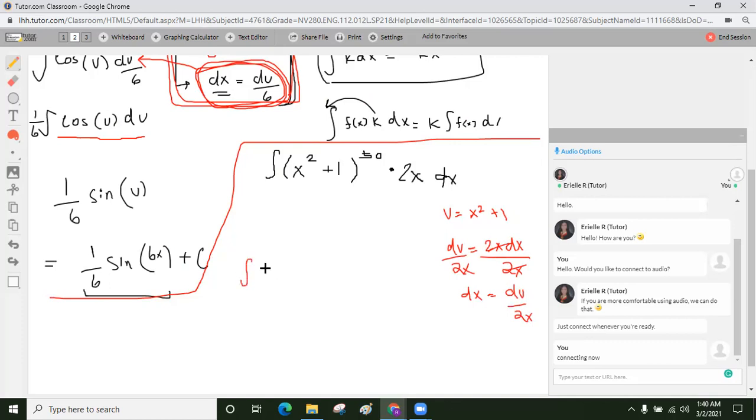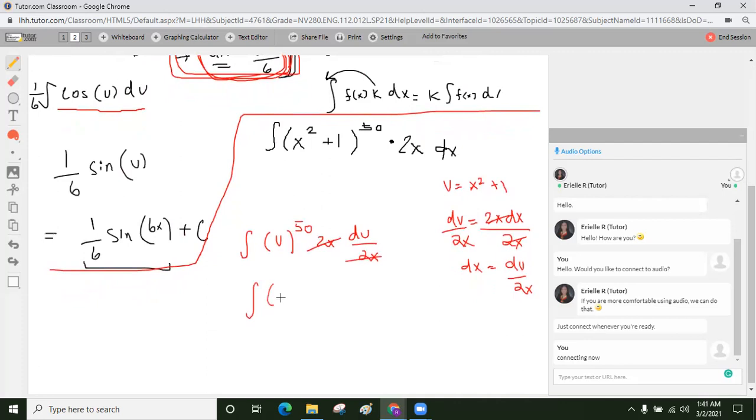So we can have this as being u to the 50, times 2x, du over 2x. And these would cancel out. So we would have u to the 50 and, of course, du.